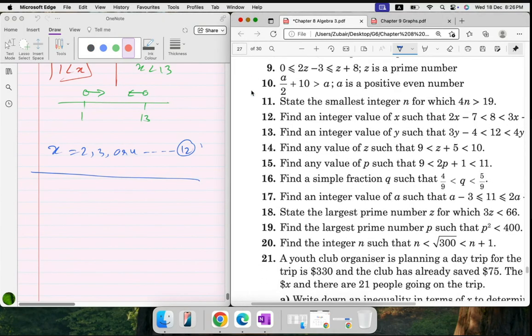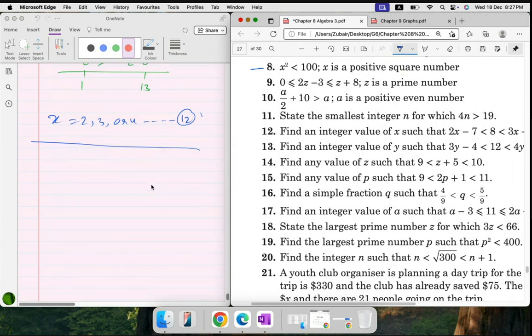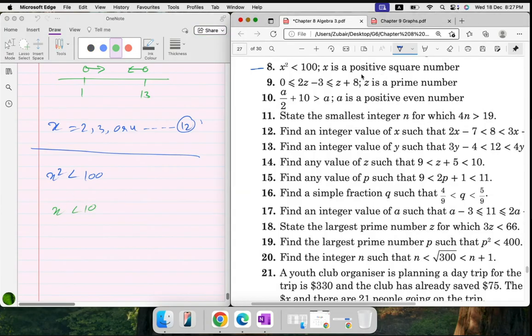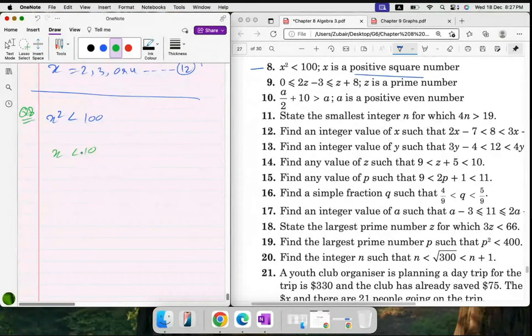Question number 8. x squared less than x. x is a positive square number. If we just square root both sides, x should be less than 10. It is less than 10, but it is more than 0 because that's positive.